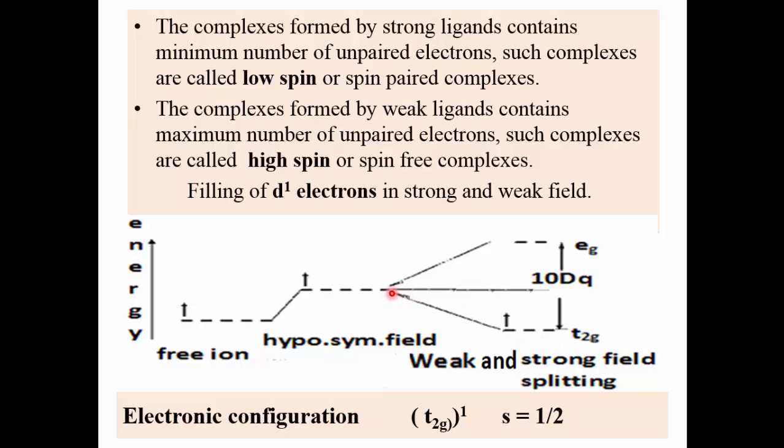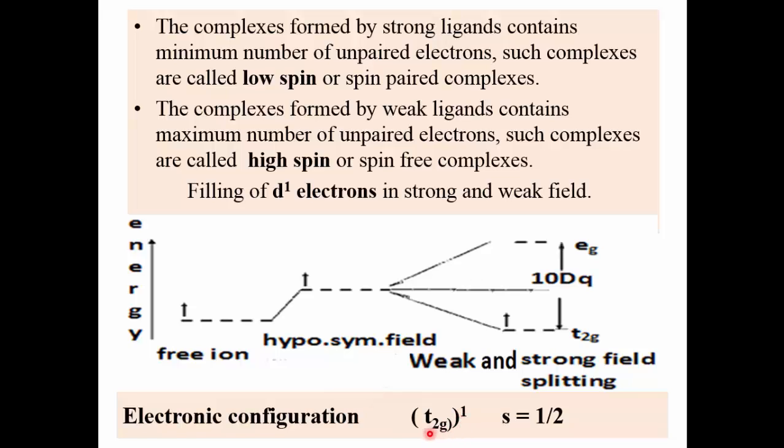So according to rule number 1, the electron first enters the lower energy orbital t2g. In both fields, weak and strong field splitting, the first electron enters the first orbital of t2g. Hence the electronic configuration is written in this way.